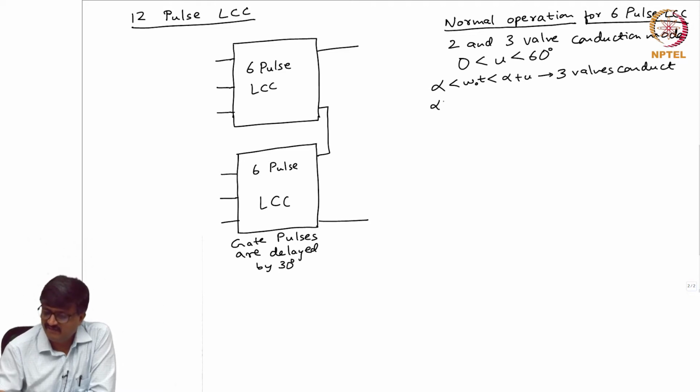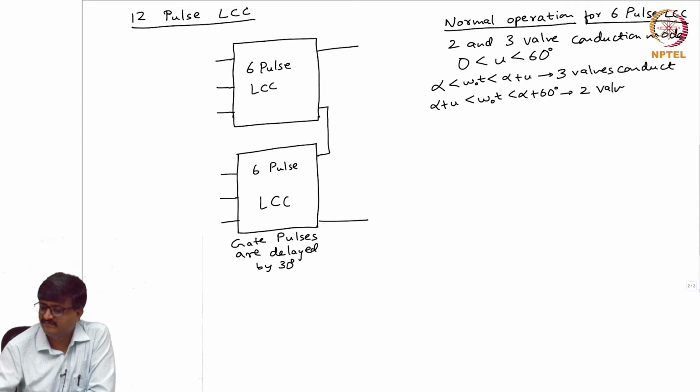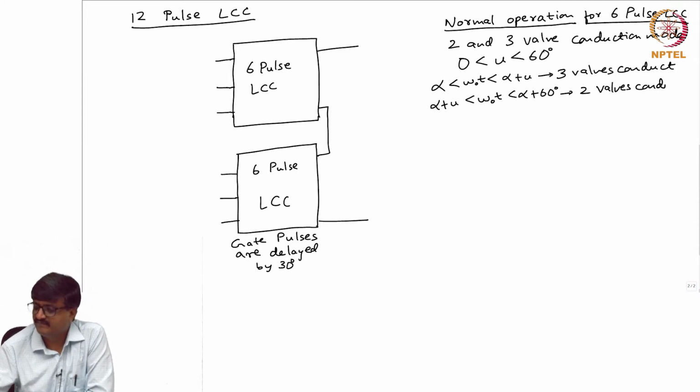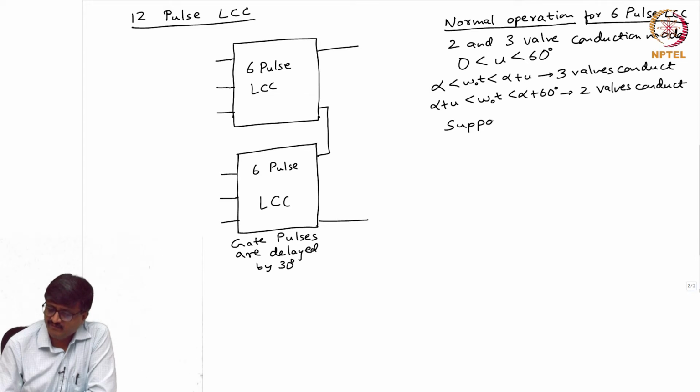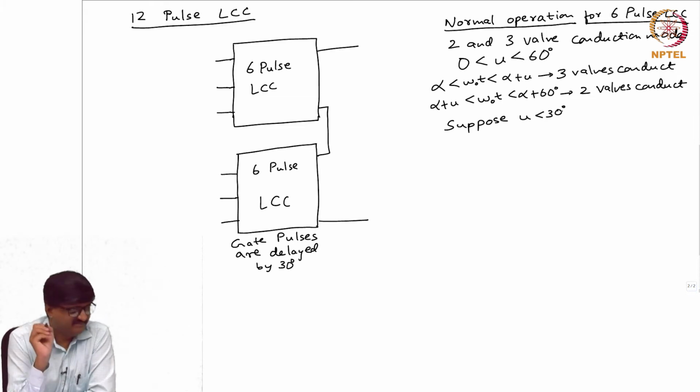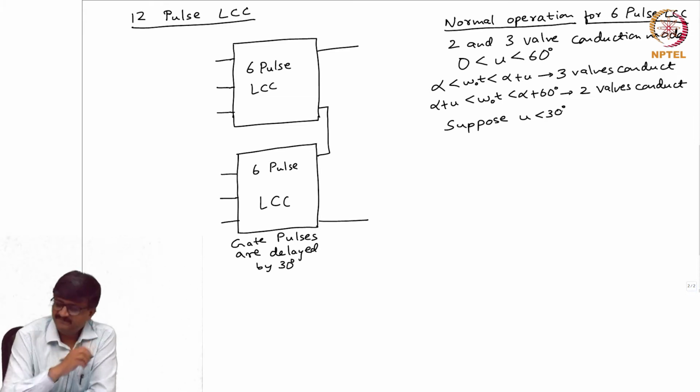And from alpha plus u to alpha plus 60 degrees, two valves conduct. Now, let us consider different cases. Suppose u is less than 30, and of course, greater than 0.